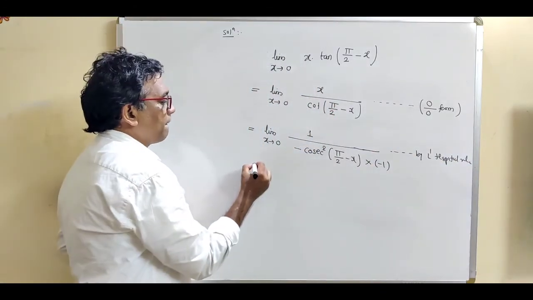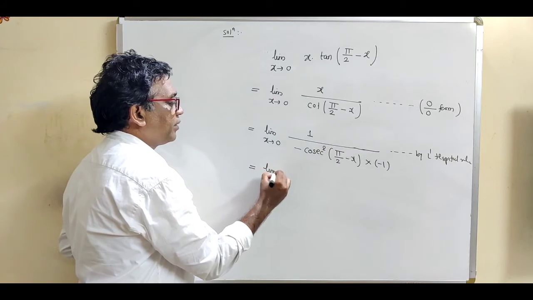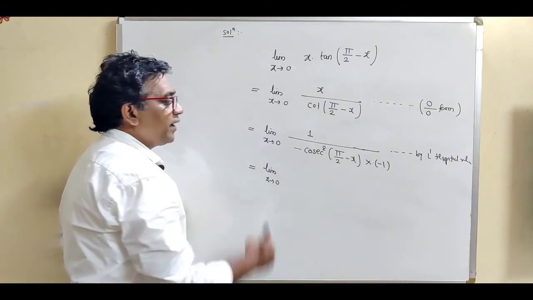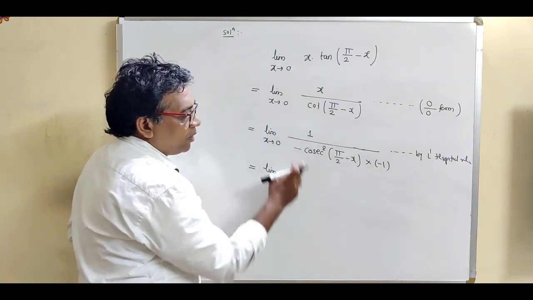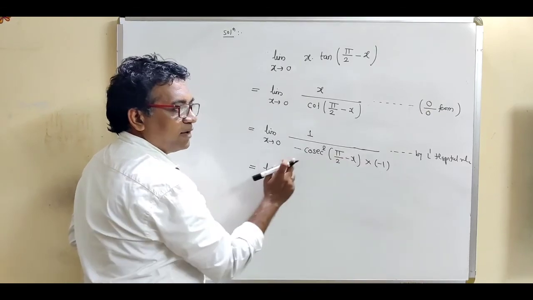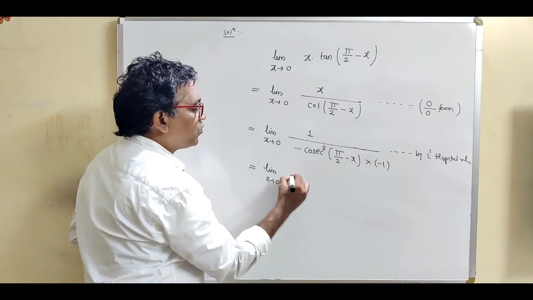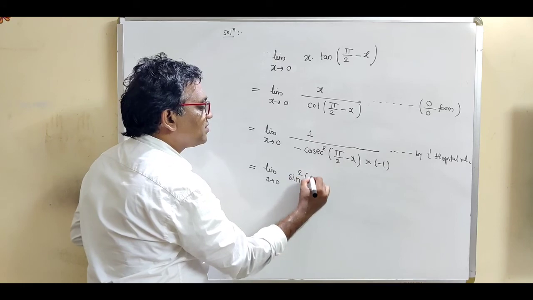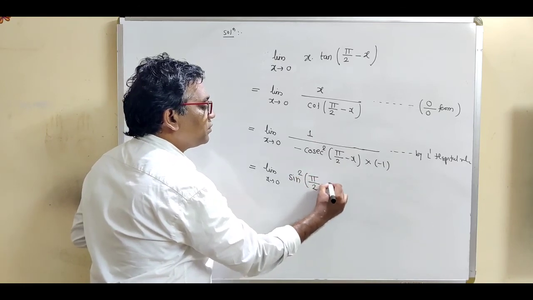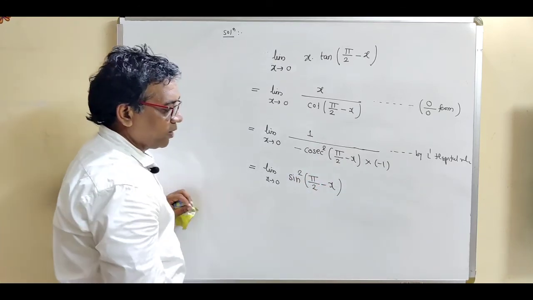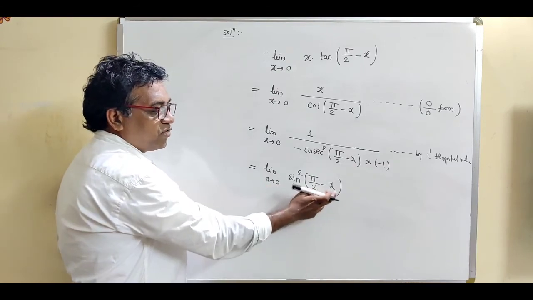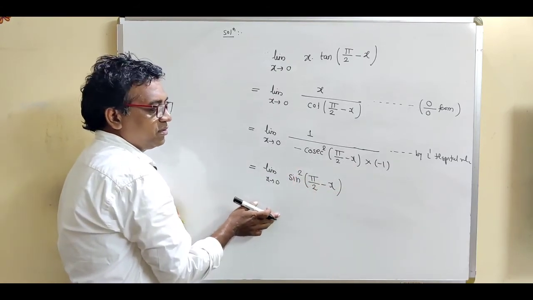So this is equal to limit x tends to 0. Now this minus and minus become plus, and 1 upon cosec square, so this is sine square pi by 2 minus x. Now if you put x equal to 0 in this term, then we get a solution.